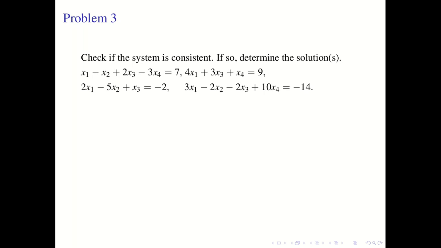Check if the system is consistent. If so, determine the solution. As we did earlier, you should probably pause the video here, write down the coefficient matrix with B as the last column, and then apply elementary row operations and bring this matrix to a row reduced echelon matrix.